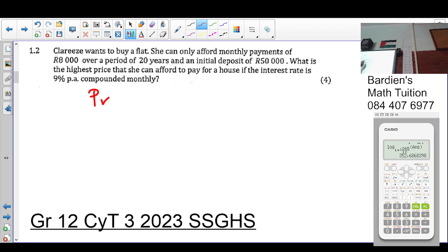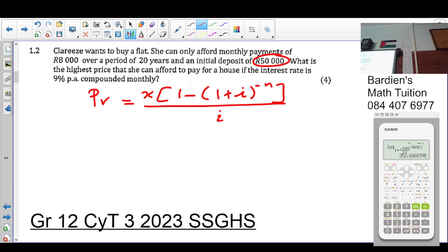Okay, wait. So the deposit of 50,000, we'll consider that. Okay. So let's look at this. So the present value formula is P, no, X into 1 minus 1 plus i to the minus n all over i. So the present value is what we're calculating.